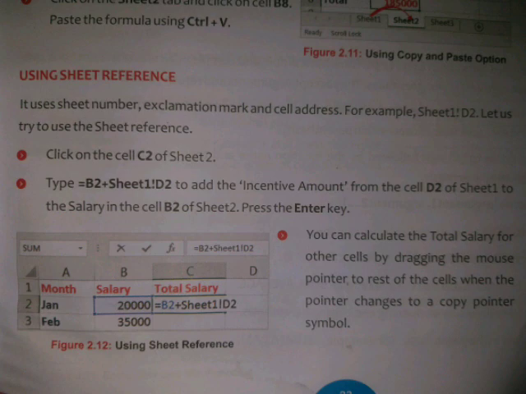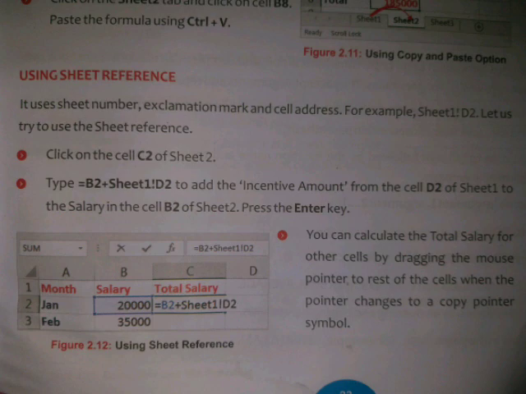What we are doing here is referring to the cell address of one worksheet in another worksheet. A cell address of one worksheet we can use in the same worksheet, you already know that. But a cell reference of one worksheet we can use in another worksheet.